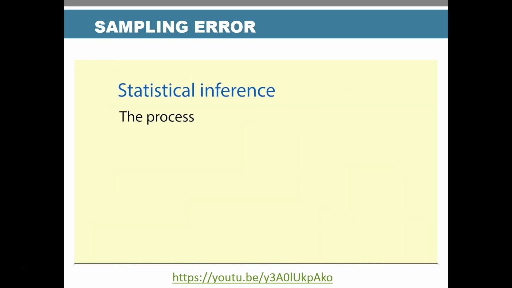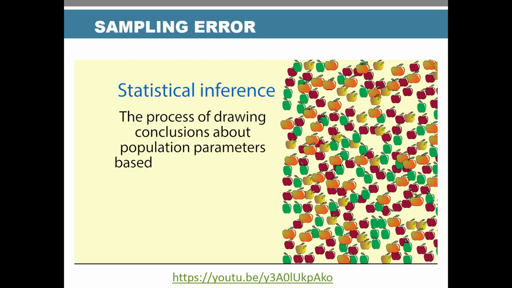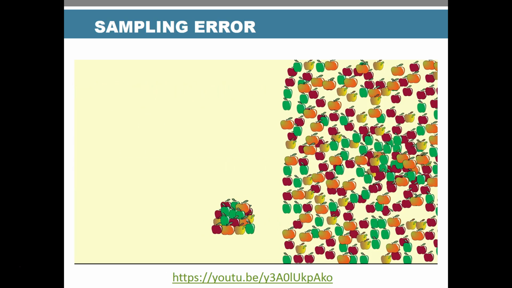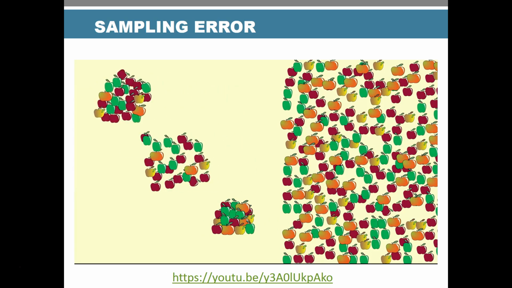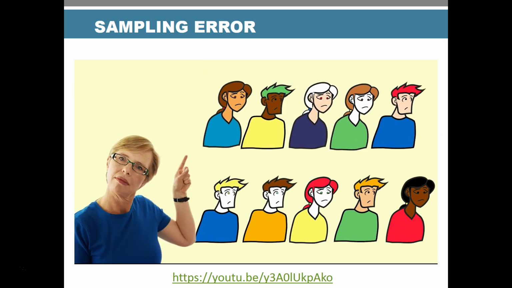Statistical inference is the process of drawing conclusions about population parameters based on a sample taken from the population. Because of natural and explainable variation, each sample will only approximate the population. Say I took a sample of 5 students and you took a sample of 5 students from the same class and asked them about the number of texts they sent yesterday.